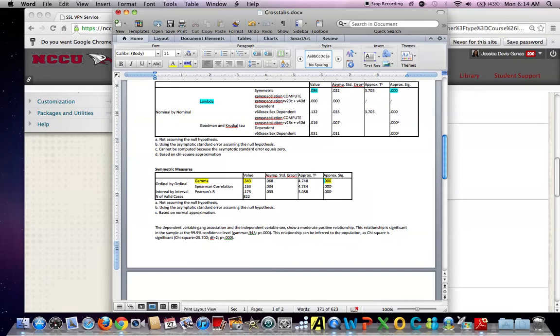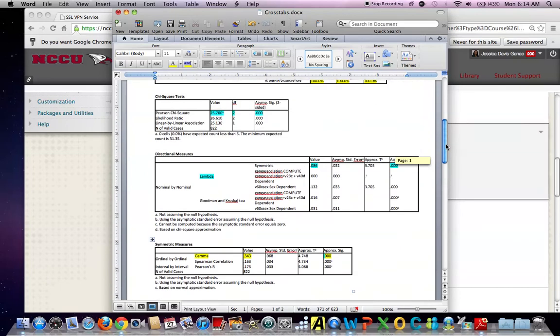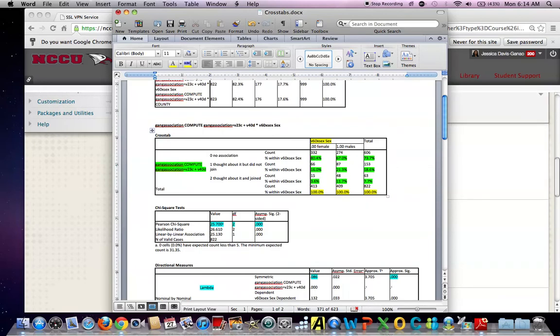And finally, overall, and you go back to your contingency table to make these assumptions, it's saying that it is a positive relationship. So let me give you a little tutorial on that.